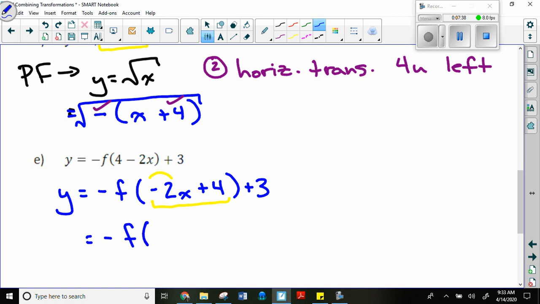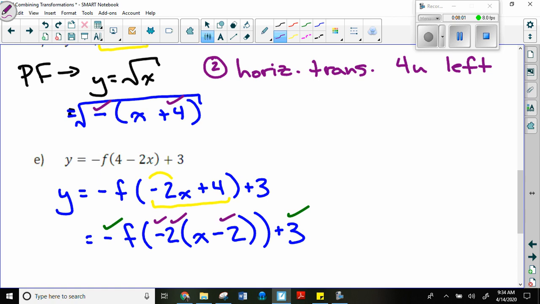The function is here, and then we're going to factor this -2 out, and it creates an x, and it also changes the sign here, a -2. There's our secondary bracket saying the function's done, and there's a +3. We have 1, 2 things happening vertically, and we have 1, 2, 3 things happening horizontally.